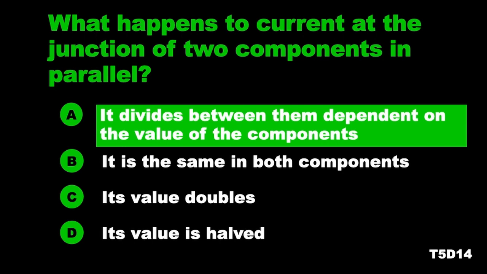Depending on what they encounter, maybe the ones that went left get to a big muddy swamp, and the ones that go right get to a nice smooth sidewalk. Which ones are going to go faster? The smooth sidewalk. Right. So it depends on the value of the components. If the swamp is like a resistor, the flow of kids through that path is going to be different.